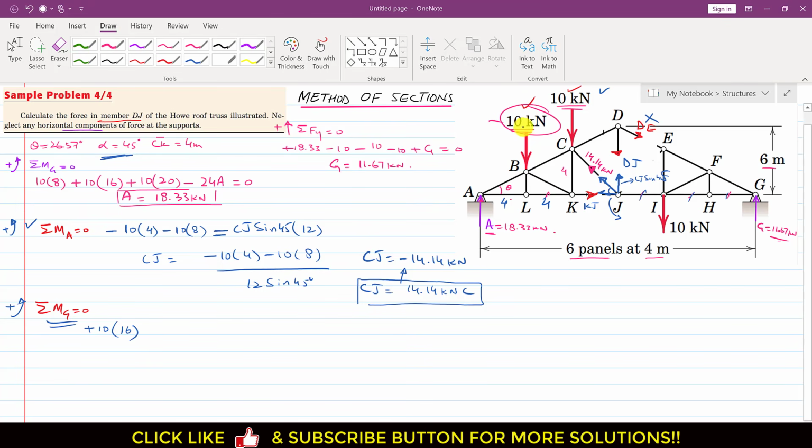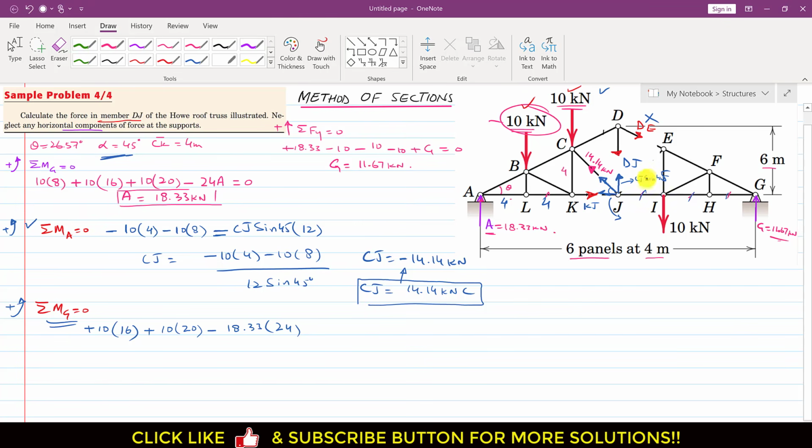And this 10 kilonewton force has a perpendicular distance of 20 from that point G, and it is producing the counterclockwise moment, so we will write plus 10 times 20. And similarly, this A reaction has a distance of 24 meters from that point G, and it is producing the clockwise moment about that point G, so we will write minus 18.33 times 24.